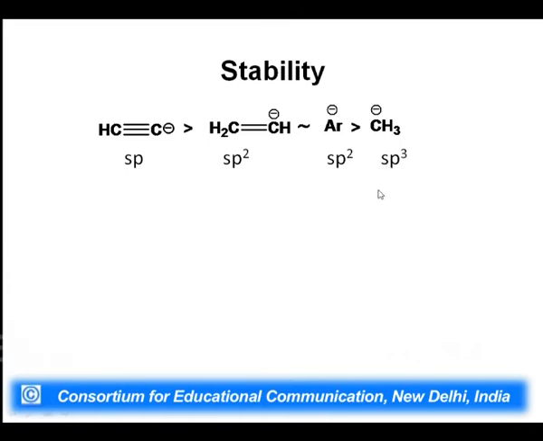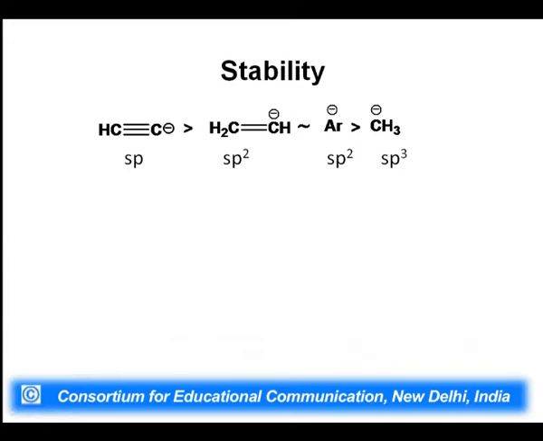So, why am I telling you about percentage S character? Because as I have already told you, if a more electronegative atom is attached to the carbon carrying negative charge, the stabilization of the negative charge would take place. By virtue of the minus I effect, the same is the case here, because in the orbitals the percentage S character determines the electronegativity of the orbitals.